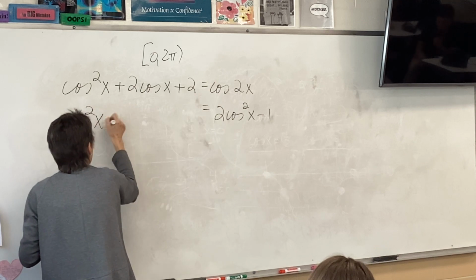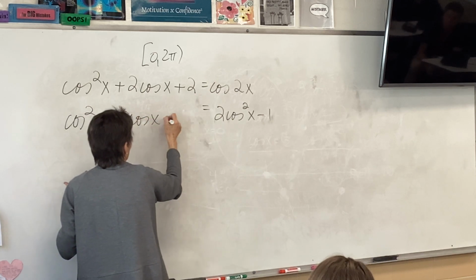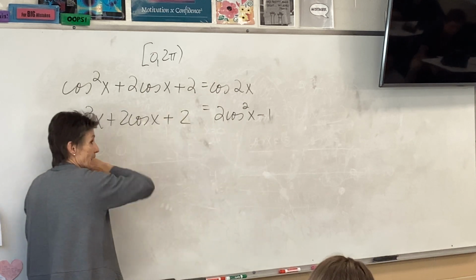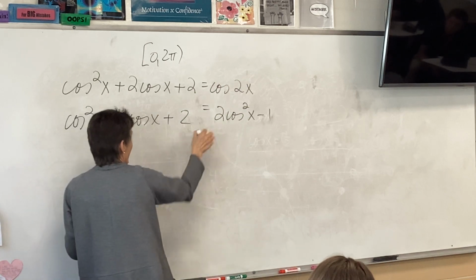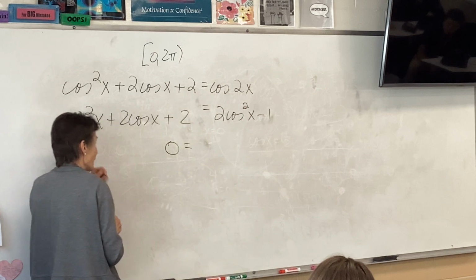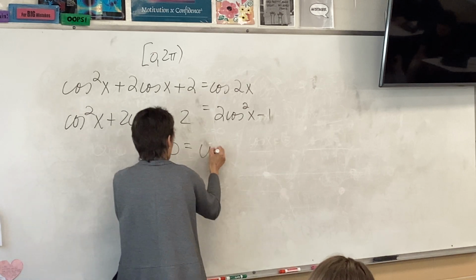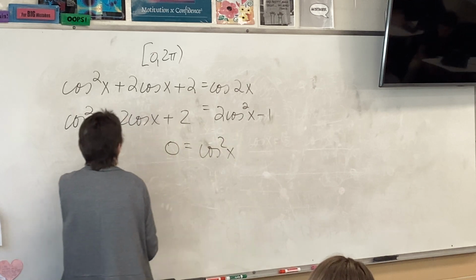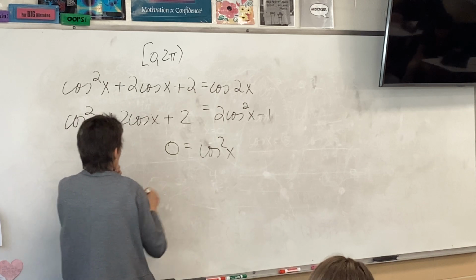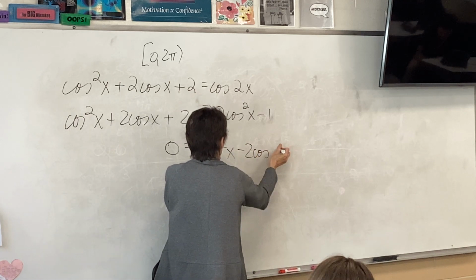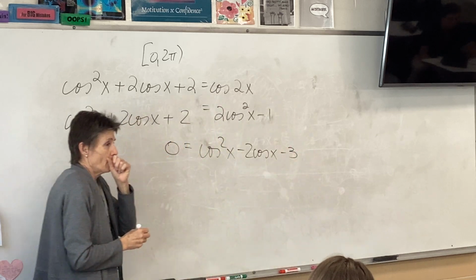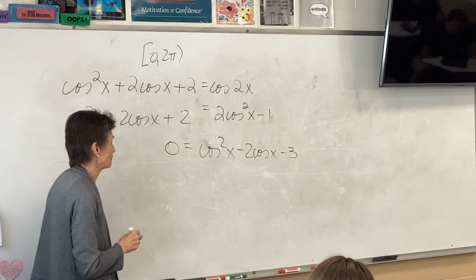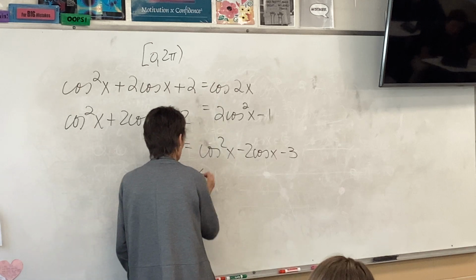Now I can start doing stuff. I can get everything on one side of the equation, because it's a quadratic. So I'm going to have cosine squared, minus 2 cosine, minus 3. Now I can factor.